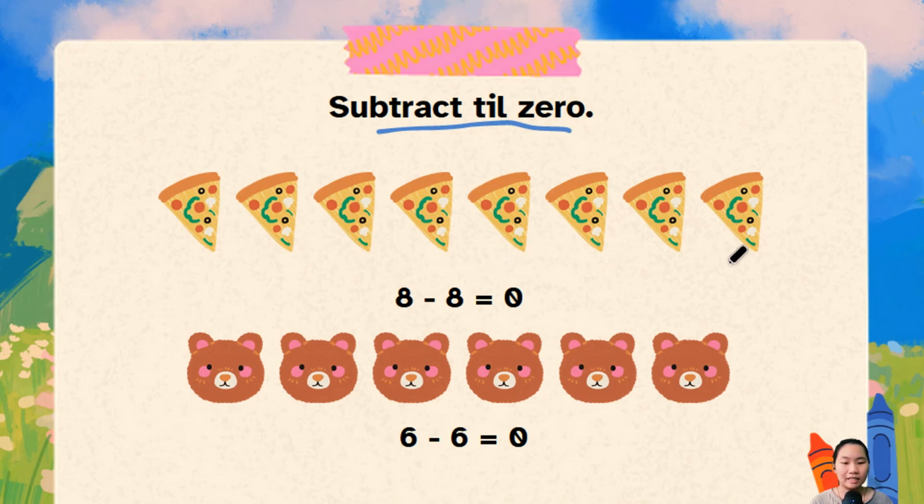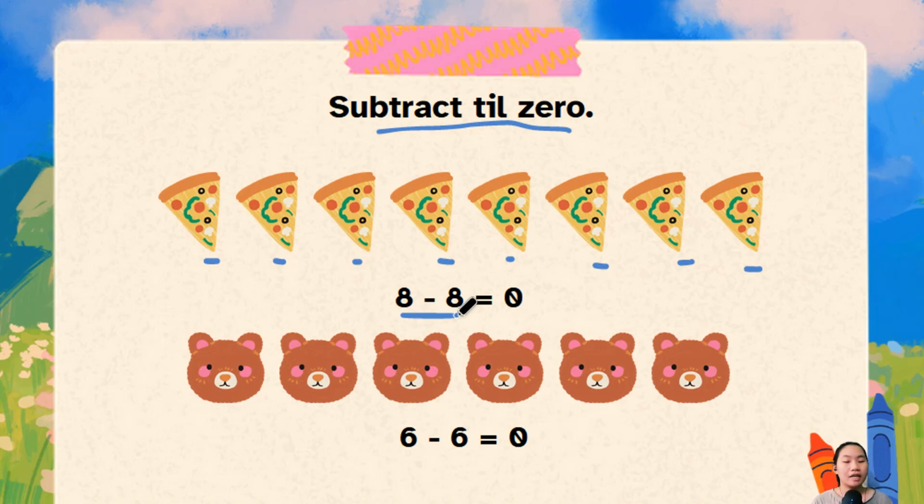How many slices? 1, 2, 3, 4, 5, 6, 7, and 8. I have 8 slices, okay? Now, 8 slices minus 8 slices, as I've had here, what would be the difference? Well, it would be 0, okay?